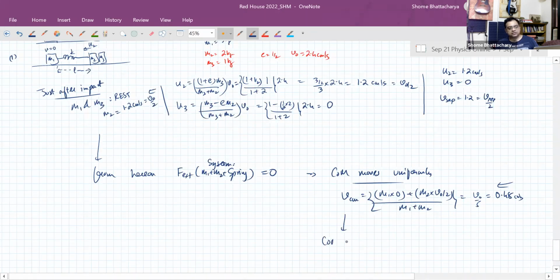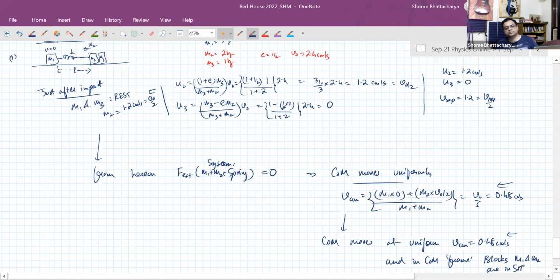So the center of mass moves at uniform VCM, equal to this value, towards the left, and in the center of mass frame, blocks M1 and M2 are in SHM.